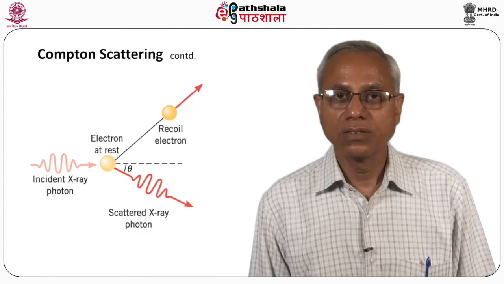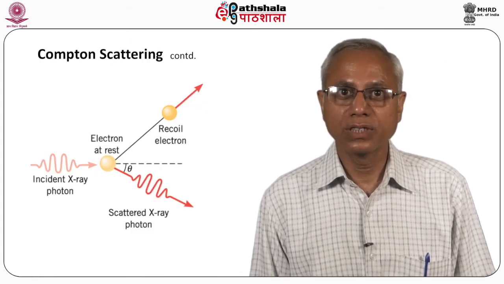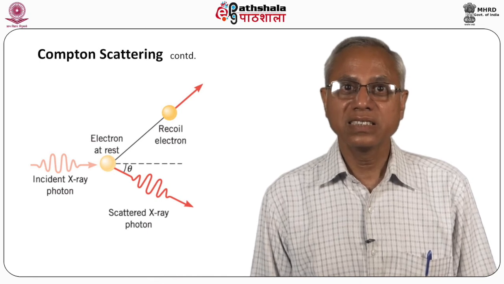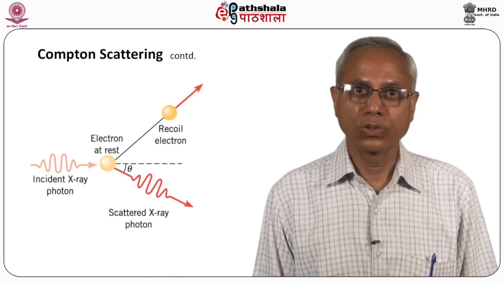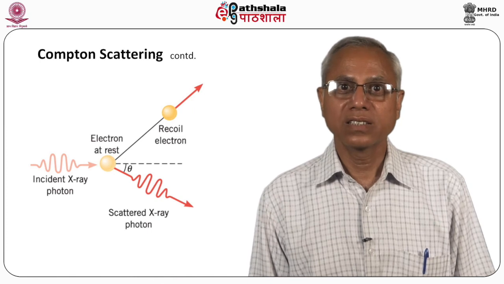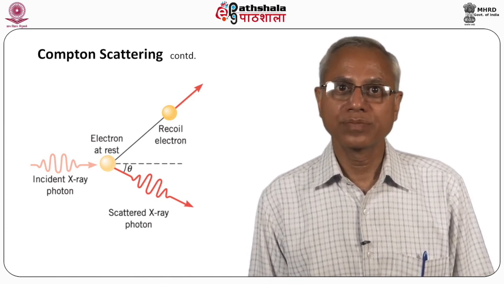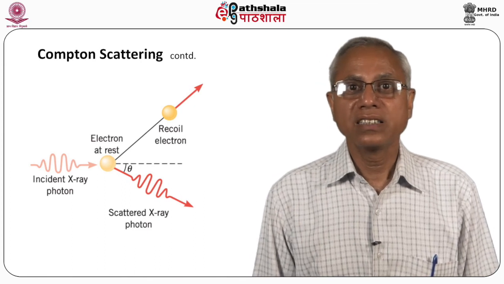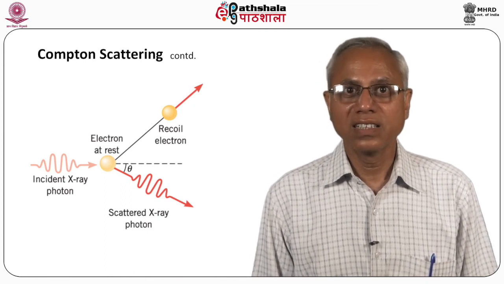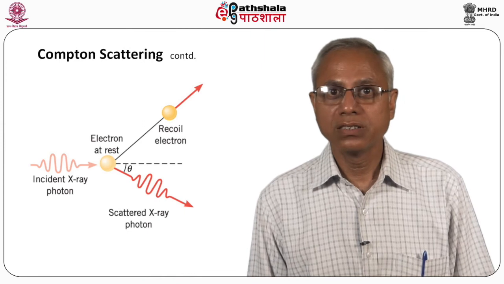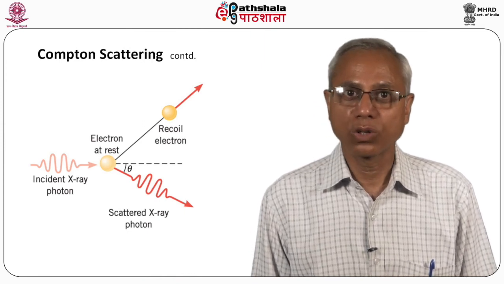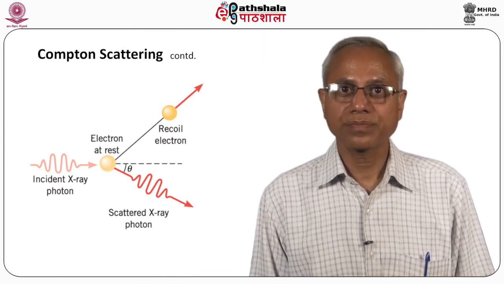In this figure, which depicts Compton scattering, we can see that incident X-ray or gamma photons are incident on the electron of the atom of the medium, and these electrons are generally relatively in outer orbit of the atom.